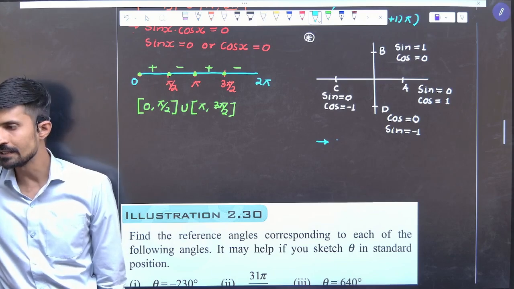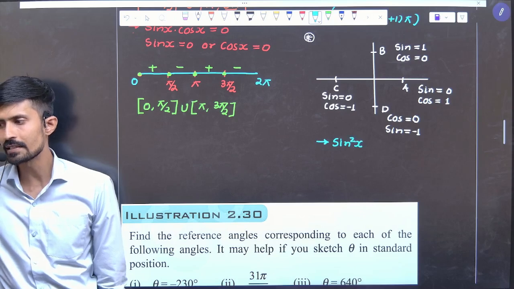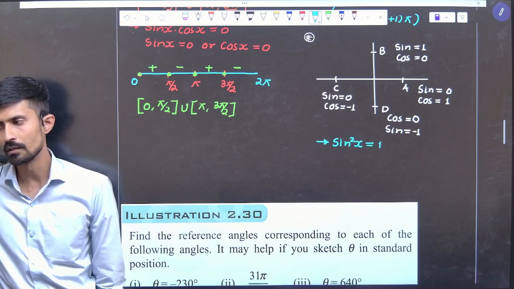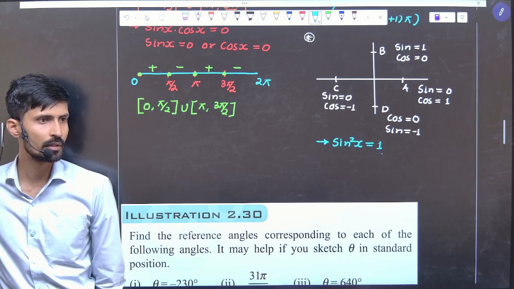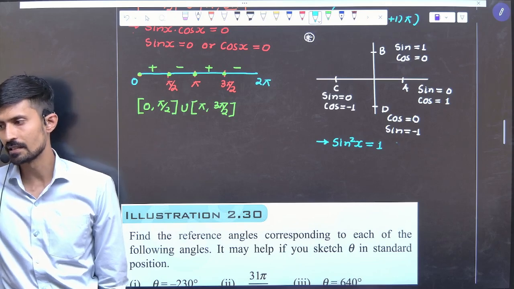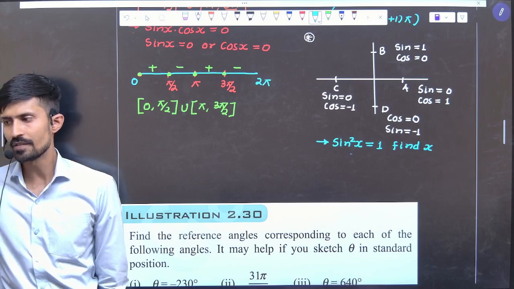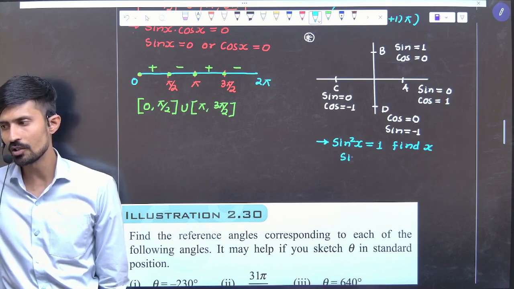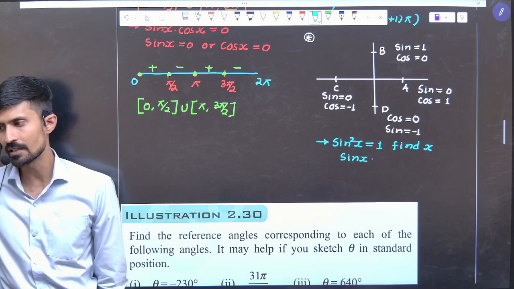Suppose I am asking sine square x is equals to 1. Find x. So if sine square x is equals to 1, don't you think sine x is equals to plus minus 1?